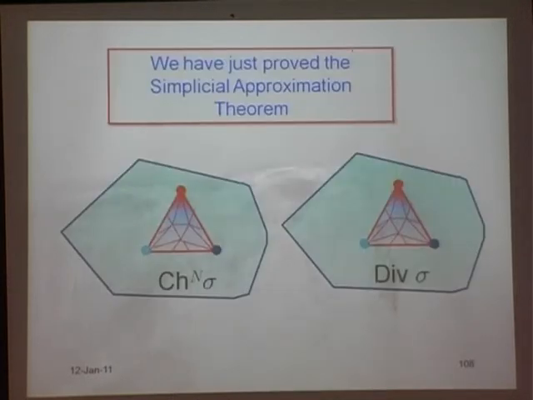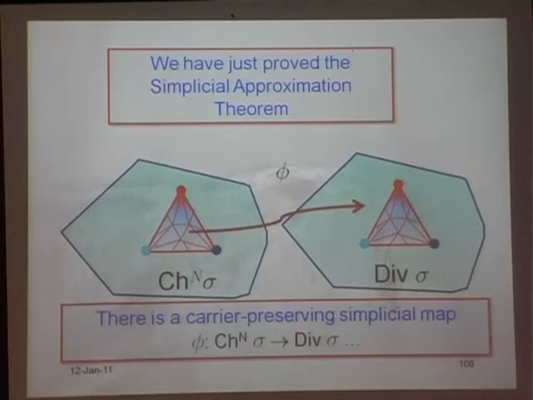And so what we've just proved is the simplicial approximation theorem, which we've used several times early on. It says that I have two subdivisions, this is actually a special case. I have two subdivisions of a triangle, an arbitrary one and some iterated standard chromatic one. And what I've shown you is that there's a carrier preserving simplicial map that goes from here to there for large enough n.